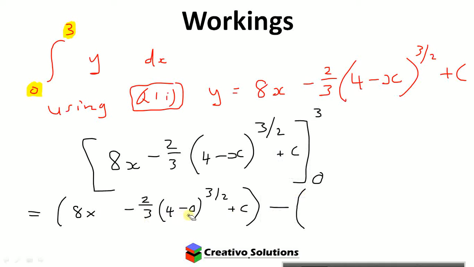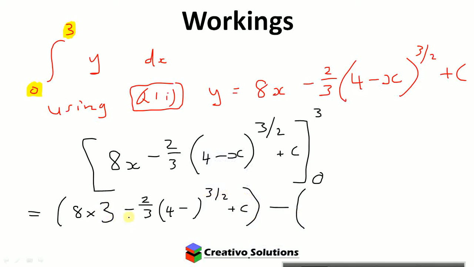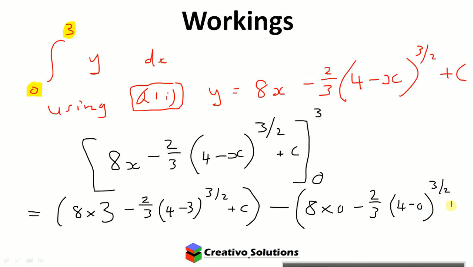Sorry, these 0s should have been 3s. Remember it's the big number minus the small number. Then I can write that other one here: 8 times 0 minus 2 over 3 bracket 4 minus 0 close bracket to the 3 over 2 plus c.